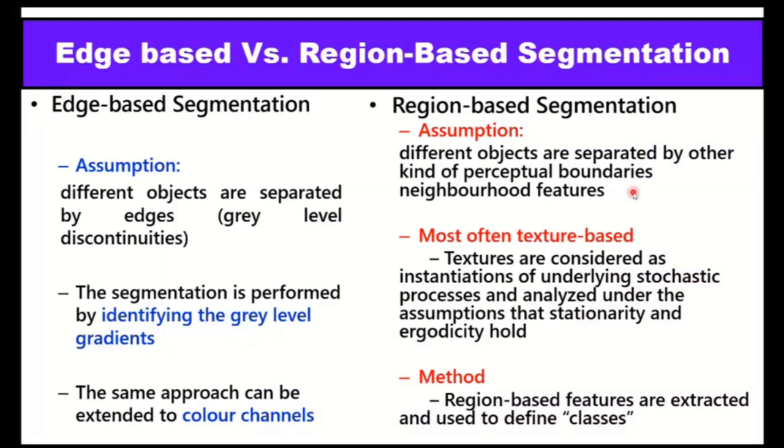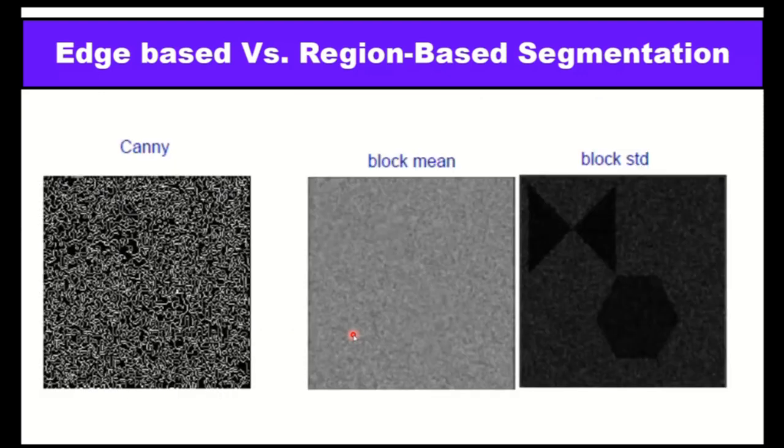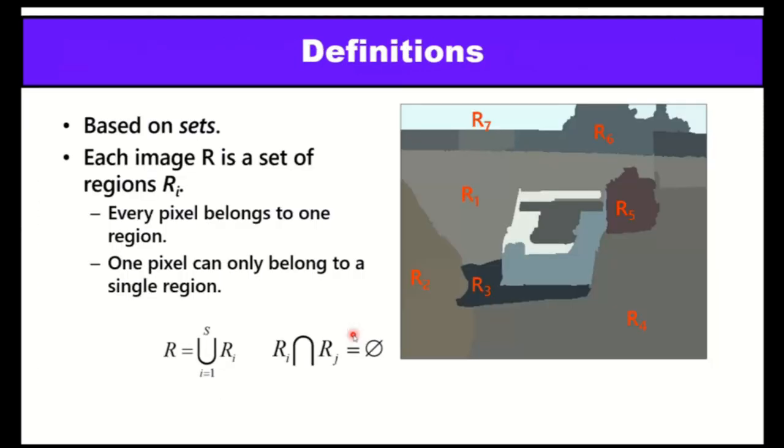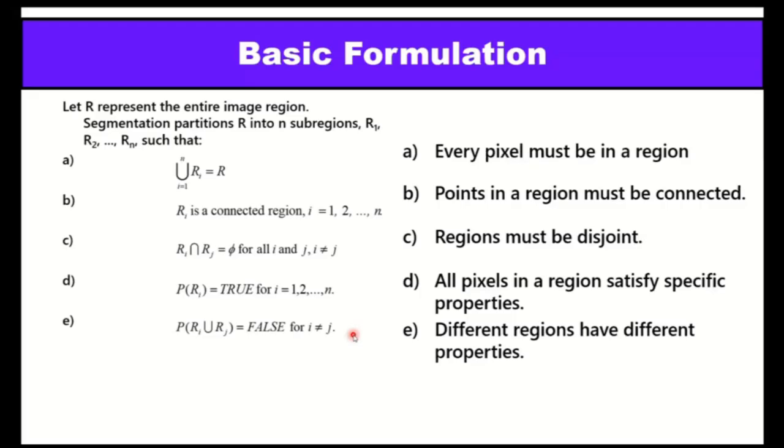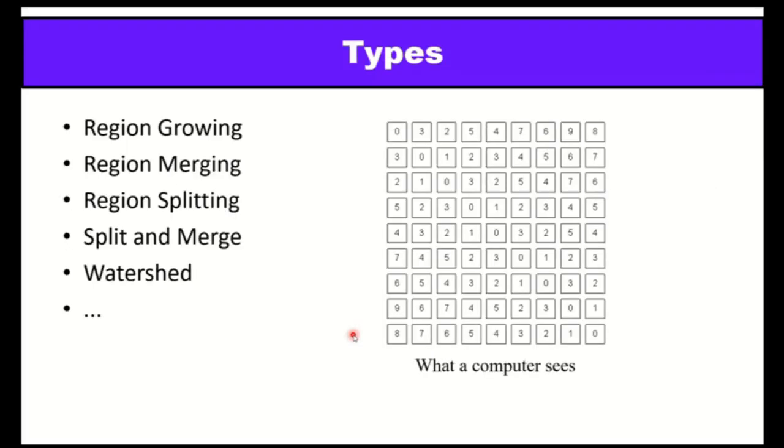So region is most often based on texture. On the contrary, edge based detection is based on edges or the color changes. Now there are four techniques of region based segmentation: region growing, region merging, region splitting, and split and merge.